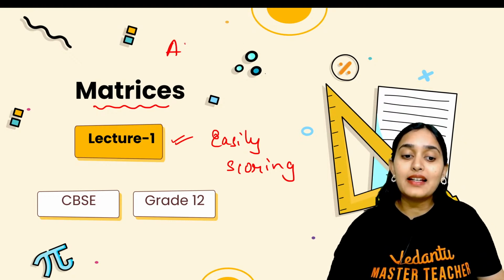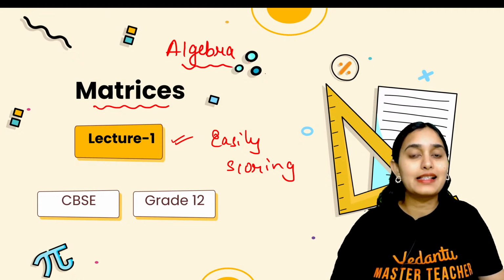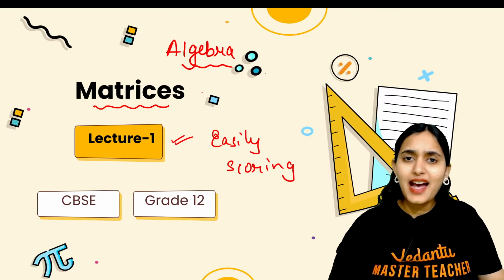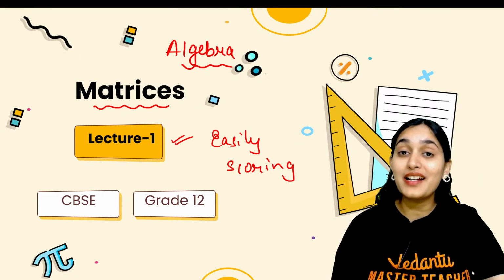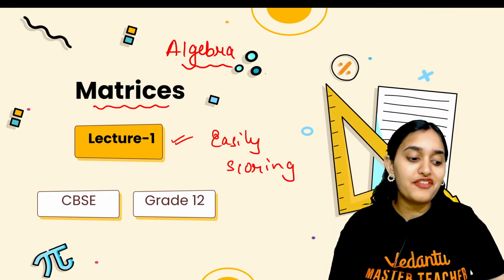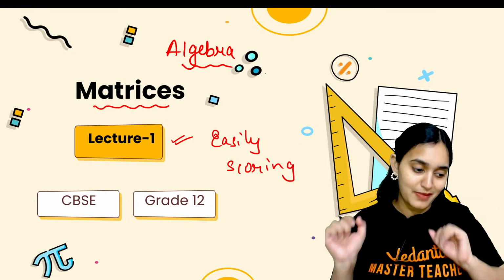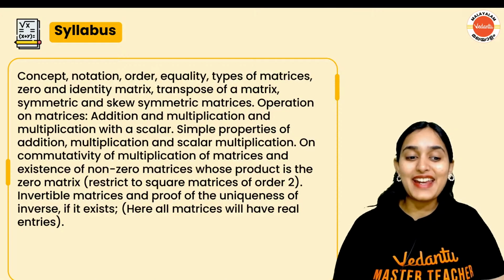They are basically the algebra part of your mathematics subject, and it's going to be a super fun, super easy, super interesting chapter, because this is something you are learning for the very first time in mathematics, right or not? Yes. So let's begin today's class.